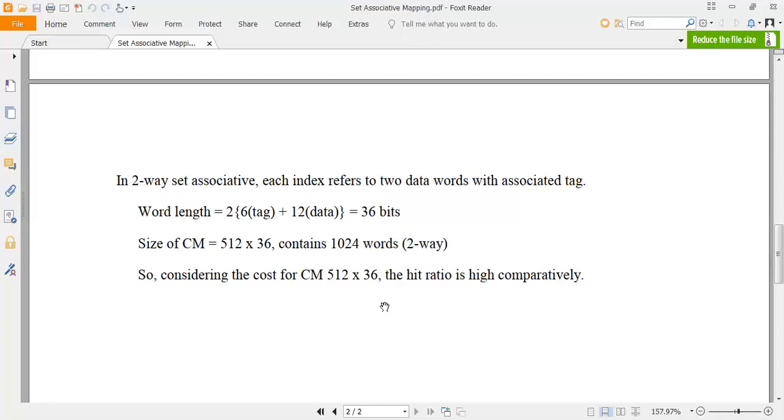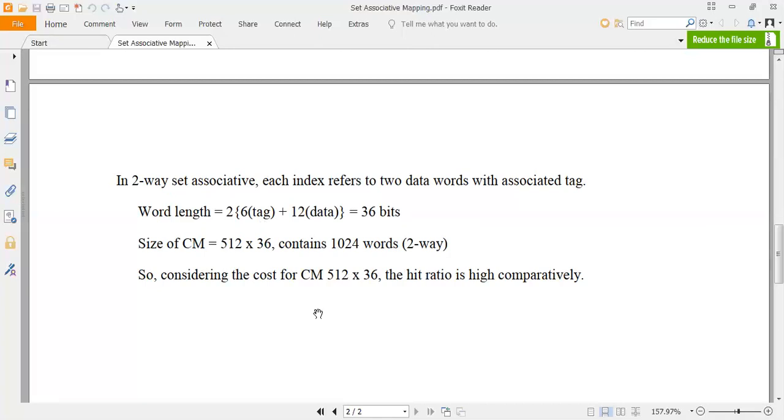So the size is 36. Though the cost incurred to make this 36 bit data is high, the performance is comparatively very high. That's why the cost will not be a factor for this cache memory, because the performance is very high.